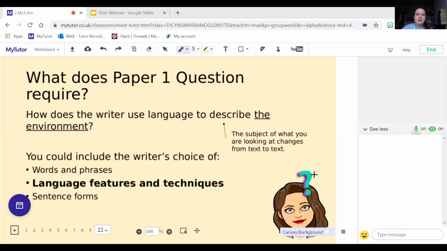How do you look at the extract? What would you talk about? So in terms of looking at the extract, what I think is essential for you to do is, before you look at each question, read the question first and then go and look at the text.